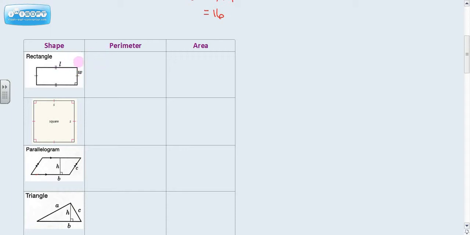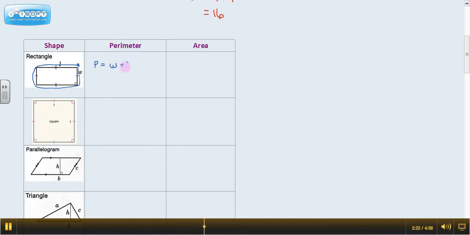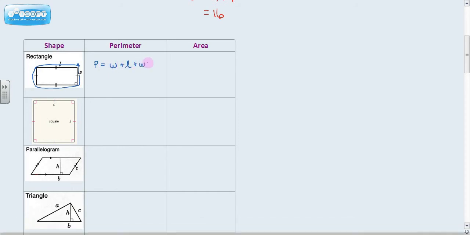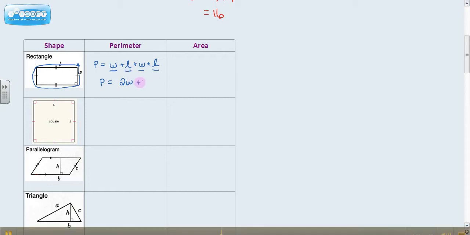If I were to start in one section and go around this rectangle, I go 1 W, 1 L, another W, and another L. So my perimeter is W plus L plus W plus L. Or simply, if I collect like terms, W and W gives me 2 W's, and L and L gives me 2 L's.